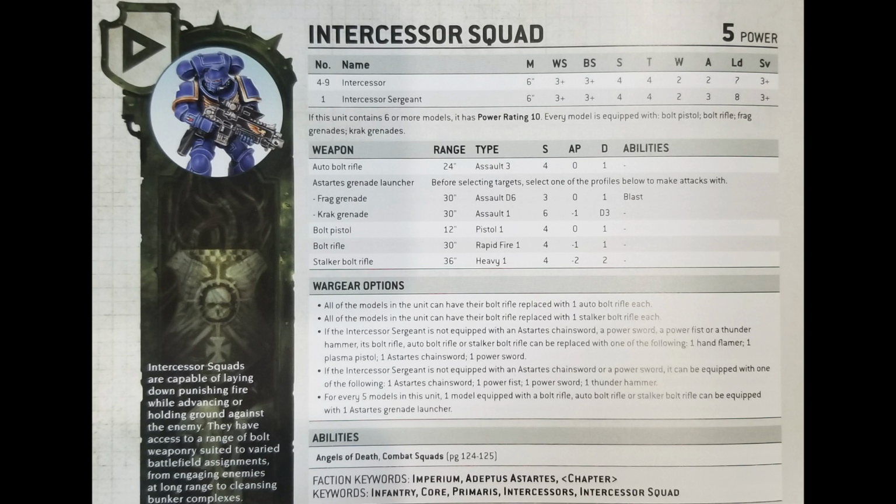When I'm talking about knowing your strengths and knowing your synergies within your units, you're not going to take a character that can benefit a specific unit that you don't have in your army. You're kind of handicapping yourself.